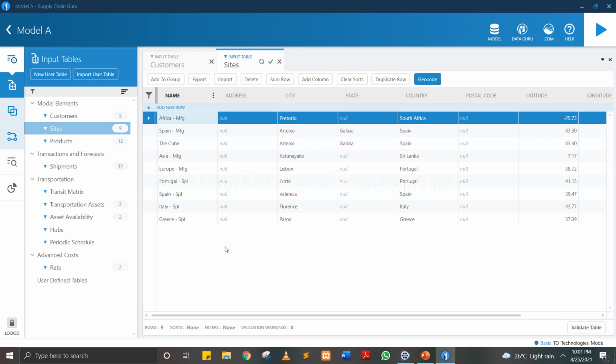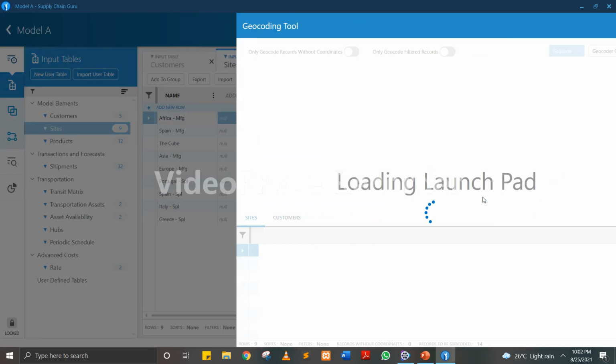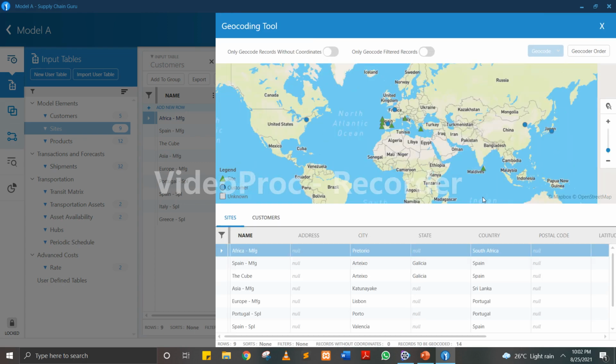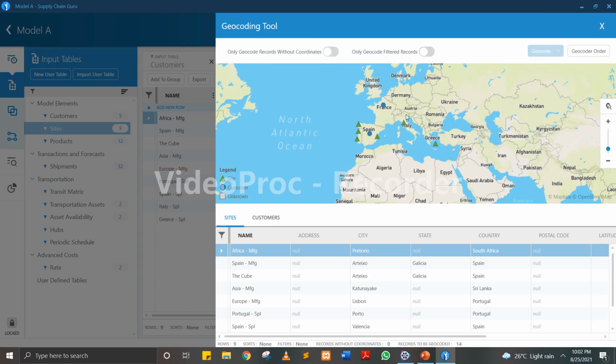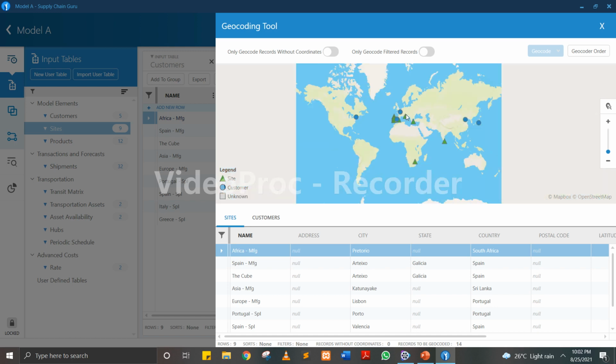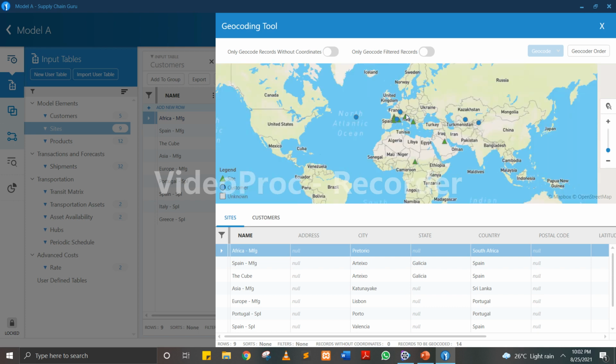Africa, Spain, Asia and Europe can be seen as the manufacturing plants according to the case study, and their suppliers are from Portugal, Spain, Italy, and Greece. Here the sites are mapped in green triangles and the customers in blue circles. You can see how the suppliers and the customers are distributed all over the globe.